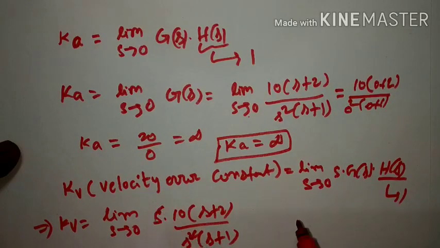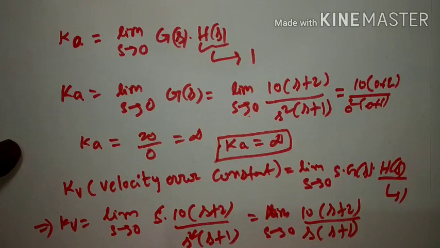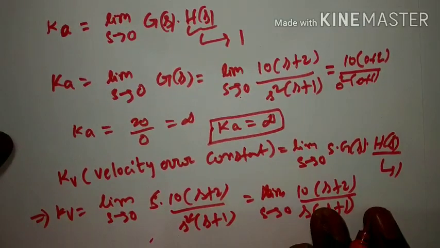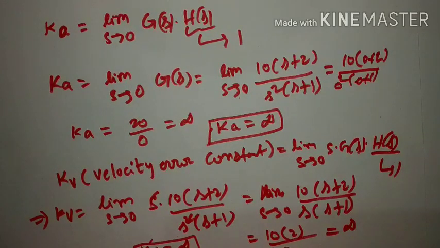One s gets cancelled, so we get limit s tends to 0 of 10 (s plus 2) by s (s plus 1). If you substitute s tends to 0, 10 into 2 by 0, again you get infinity. So the Kv value, the velocity error constant, is also infinity.